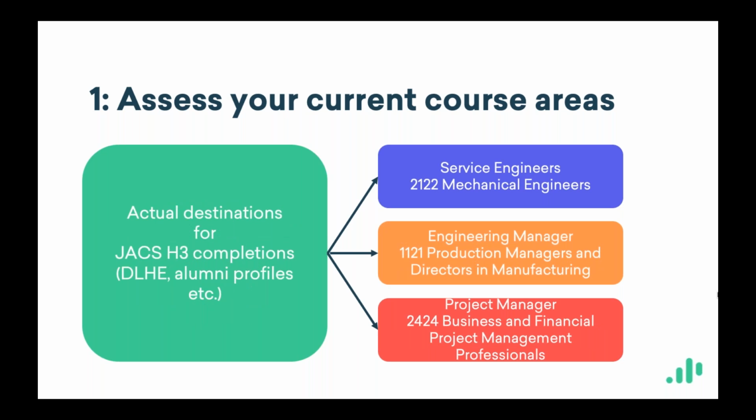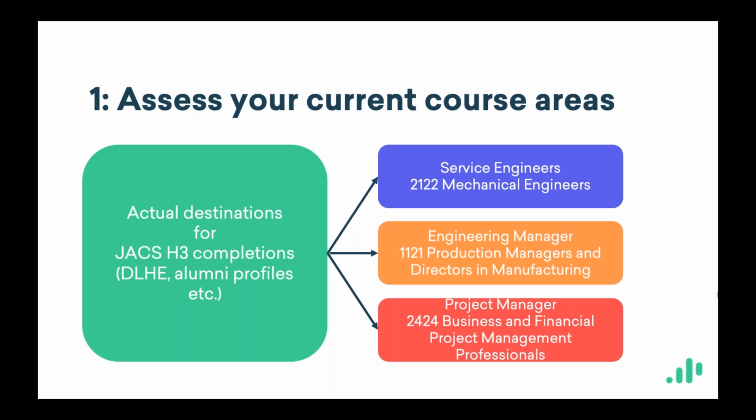Another way of doing it, or an additional way you can look at it, is actually looking at the actual destinations of those who have completed JACS H3 programs. So you could be looking at your DLHE returns, your alumni profiles, and so forth. I think this kind of data is something that I know universities are really keen to build out internally, and investing a lot of money in doing so.